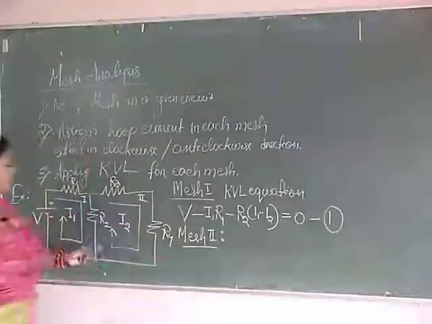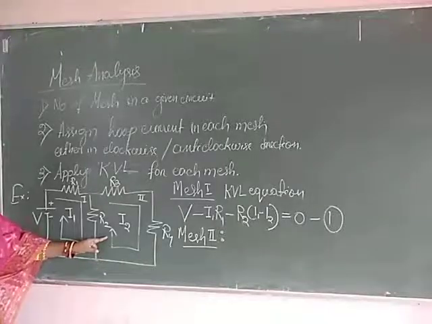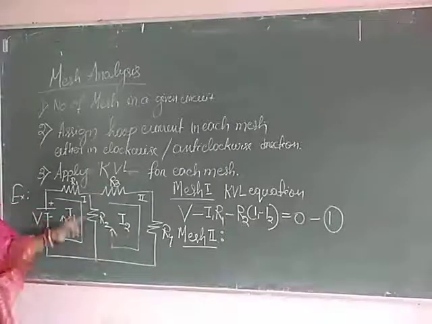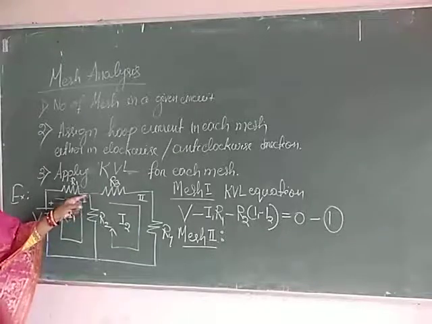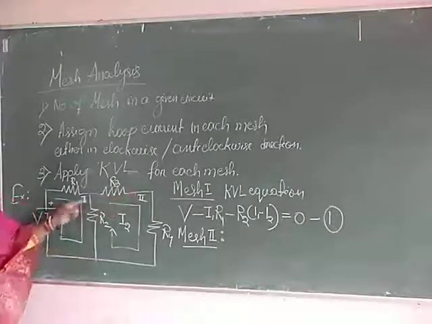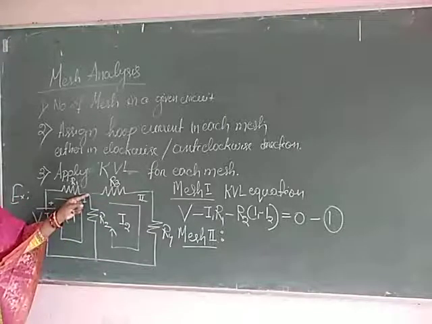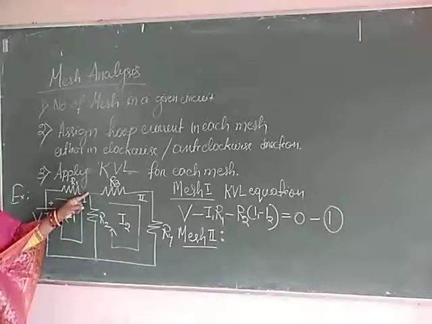You see, mesh 2 doesn't consist of any source. It only consists of resistors where voltage drop takes place. So here, the sum of the voltage drops is equal to 0. In mesh 2, the sum of the voltage drops is equal to 0.